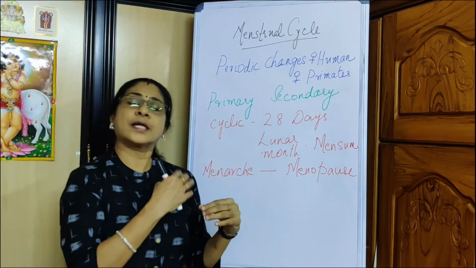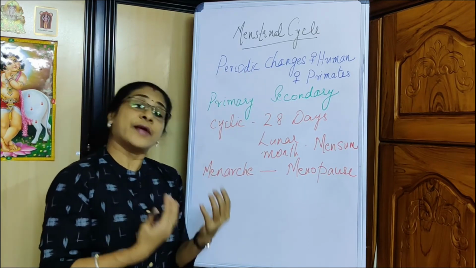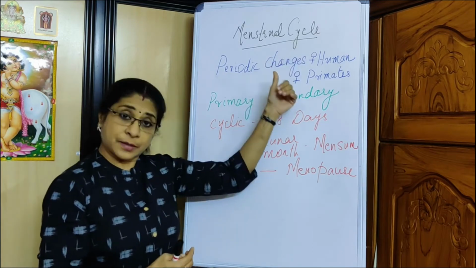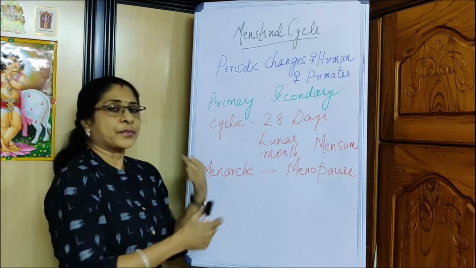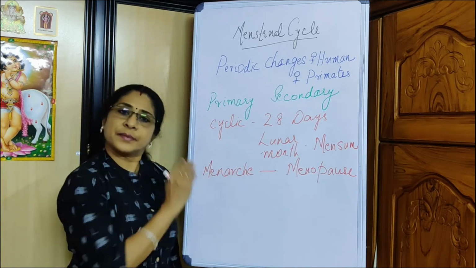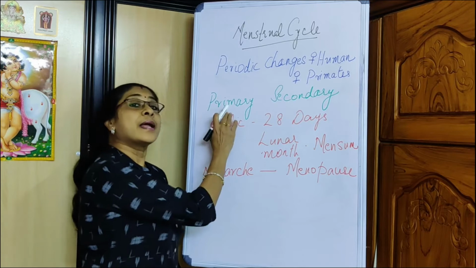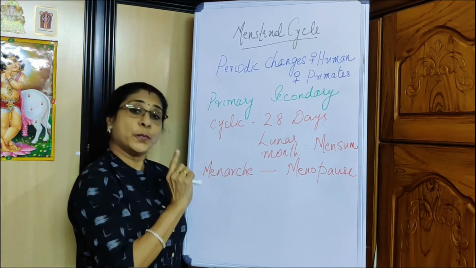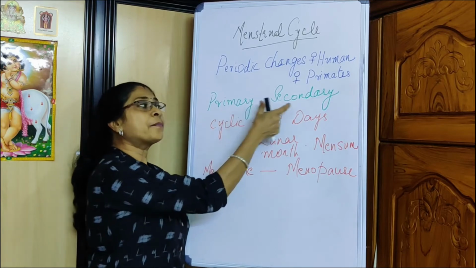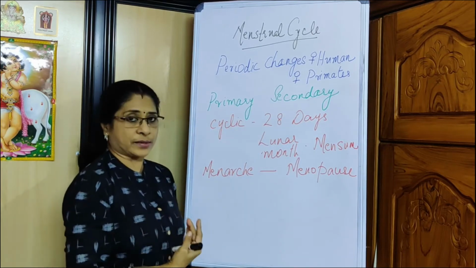Periodic changes. You understand what periodic changes are. And where do we find it? In female human beings as well as primates. Now, what is happening during these periodic changes? There are characteristic changes observed both in the primary and secondary sex organs.